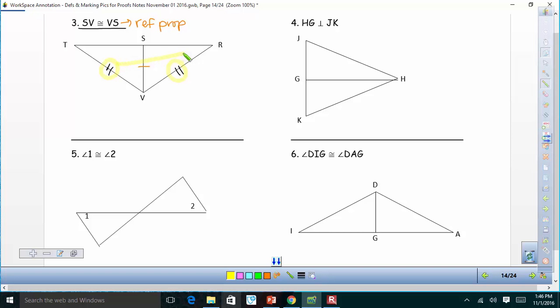So the angle opposite here would be R. The angle opposite here would be T. So that means T and R are congruent. So we'll write angle T is congruent to angle R. And how do we know that? Isosceles triangle theorem.